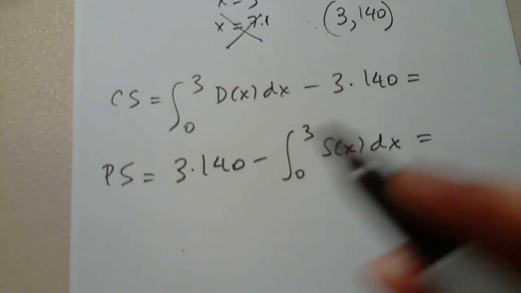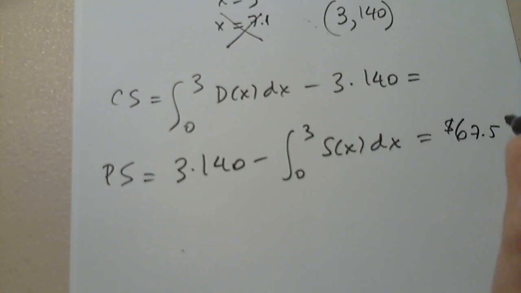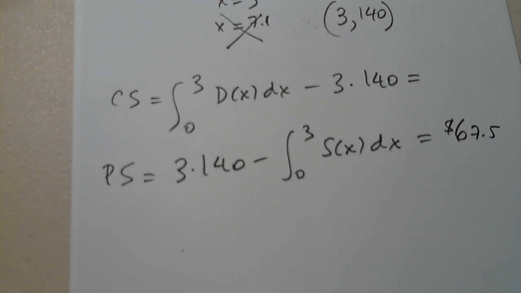So now we get 67.5. And now I need the first one. So it's 3 times 140. So it's the integral from 0 to 3 of the demand function dx minus 3 times 140, and we get 137.25.